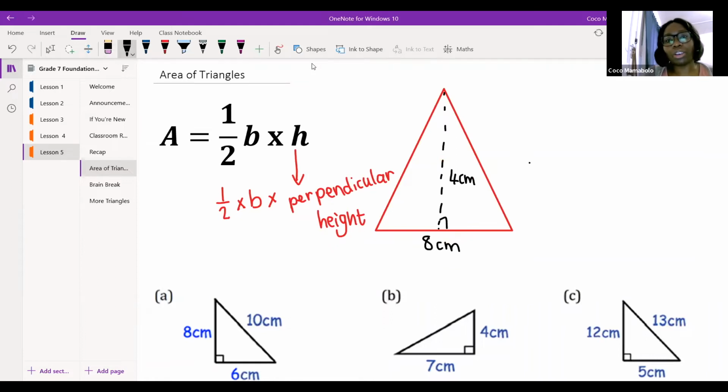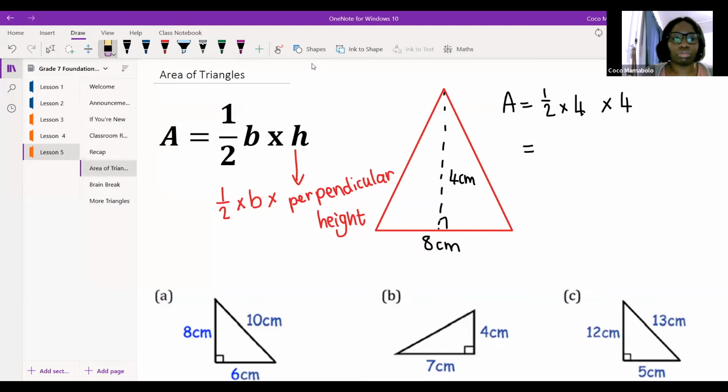When I calculate the area, area is equal to half of my base, which is 4, times my perpendicular height, which is 4 as well.